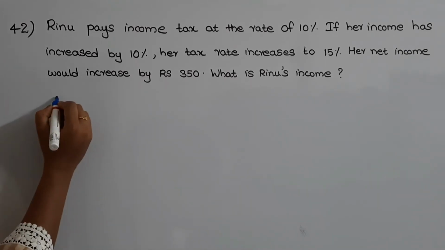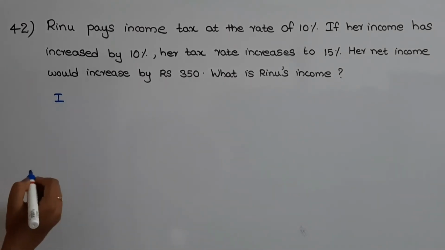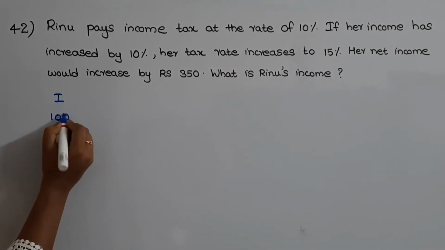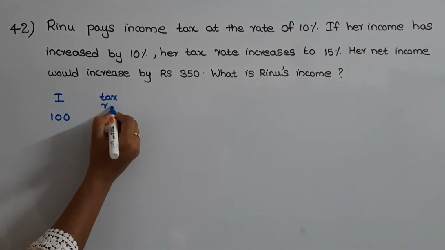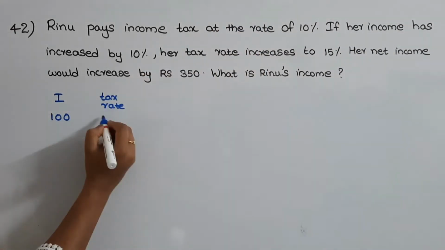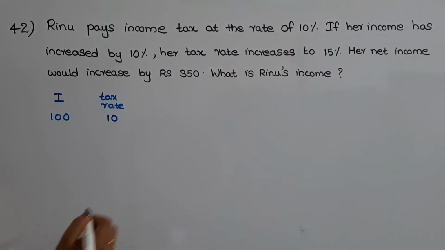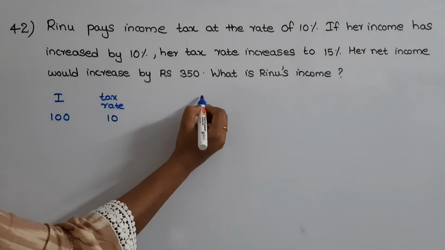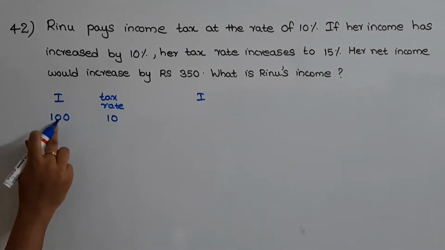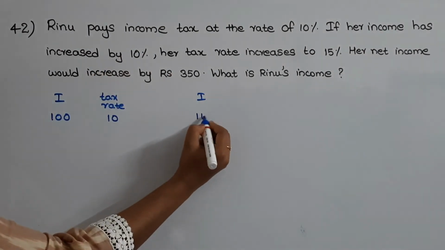So let us consider initially the income of Renu as 100. At that time the tax rate is given as 10%. Then they are telling that her income is increased by 10%. So what will be the new income? That will be 100 plus 10, that is 110.